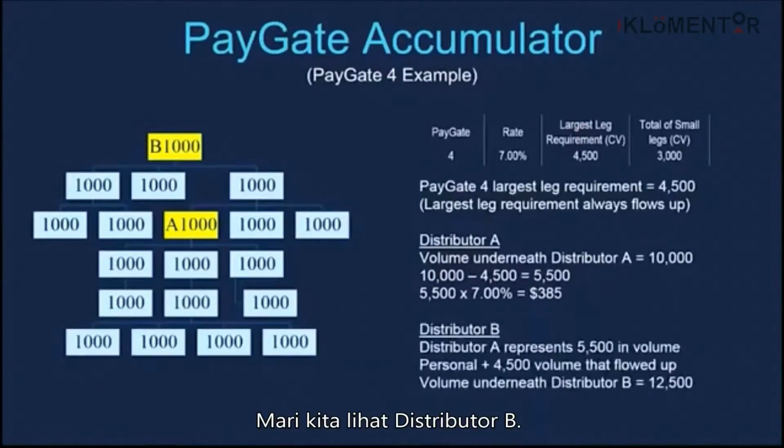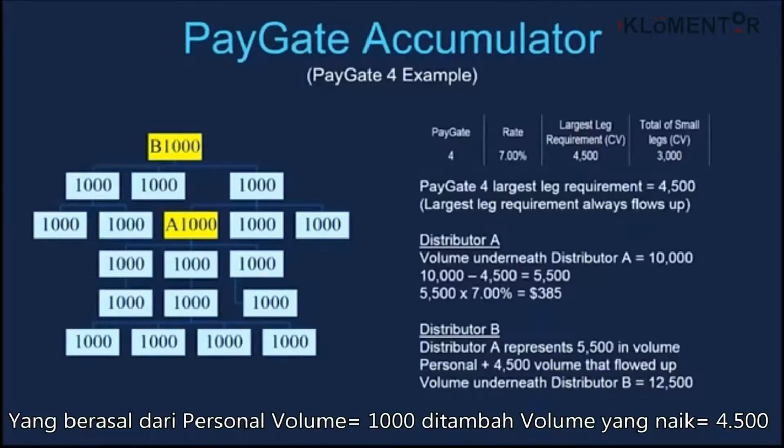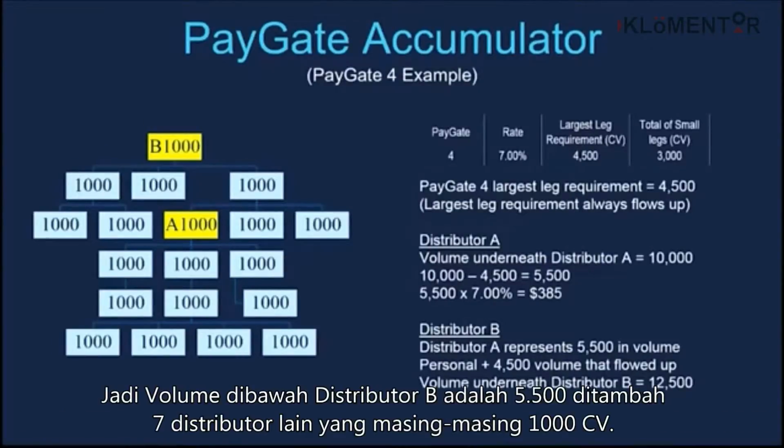Now let's take a look at Distributor B. Again, remember, Distributor A now represents 5,500 in volume. They've got their personal volume of 1,000, but they also represent the 4,500 in volume that has flowed up to that level. So the volume underneath Distributor B is now 5,500 plus 7 other distributors, each with 1,000 CV.